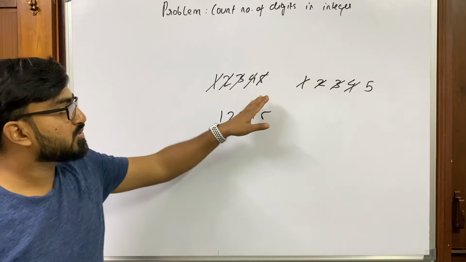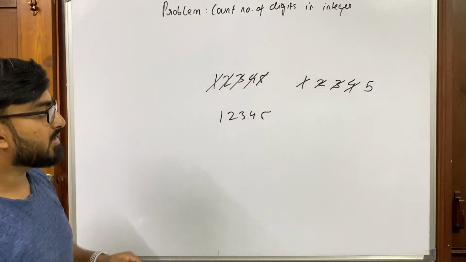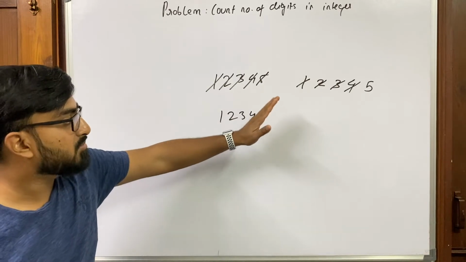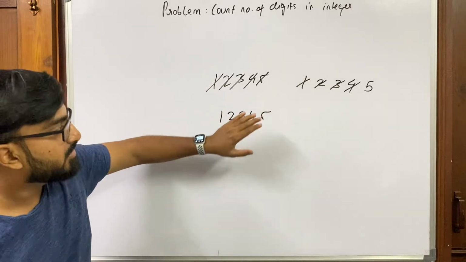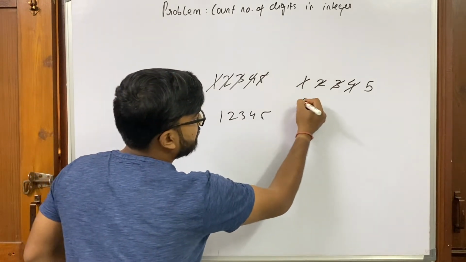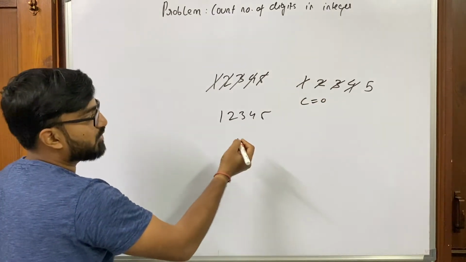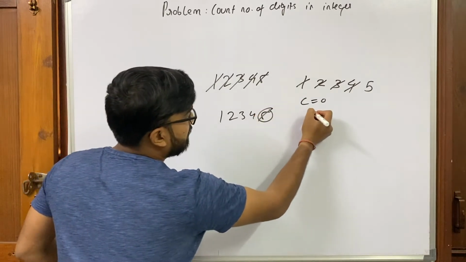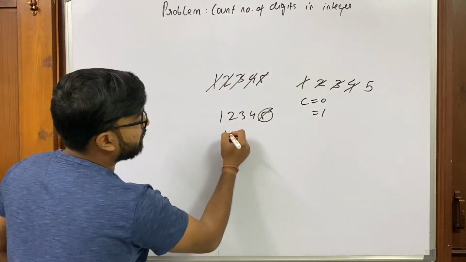I'll break this process down a little further. The number of digits in this integer is the number of times I am able to remove a units digit from this number. So from 1, 2, 3, 4, 5, I start with my counter 0. I remove 5, counter becomes 1, I get 1, 2, 3, 4.